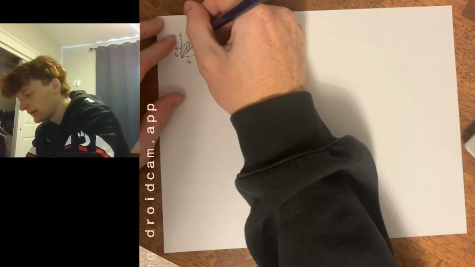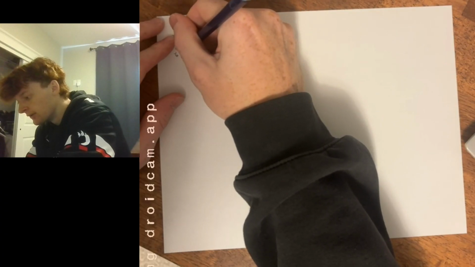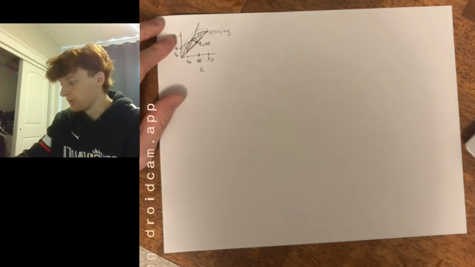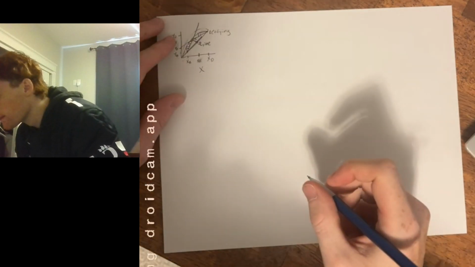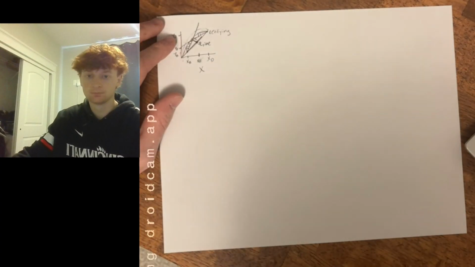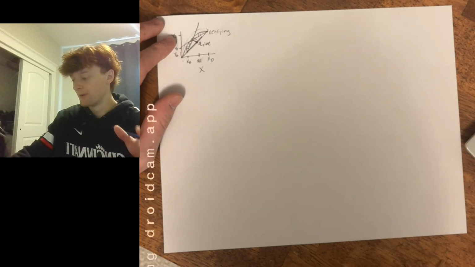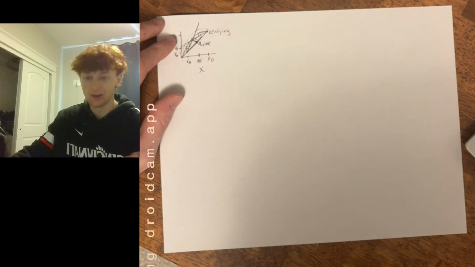So we have 1 right here, 2 right there, 3, and 4. So according to this, we'll have 4 stages that we're going to need for our distillation column.